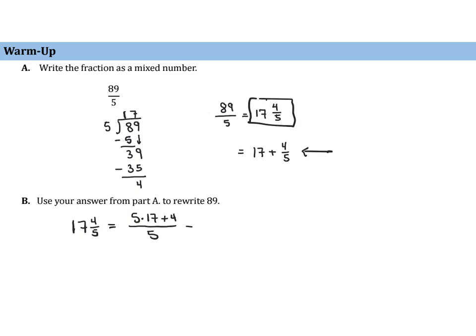But we already know this is 89/5. So let's highlight the fact that 5 times 17 plus 4 is the same thing as 89. So 89 equals 5 times 17 and add 4. So notice this is the divisor times the quotient plus the remainder.